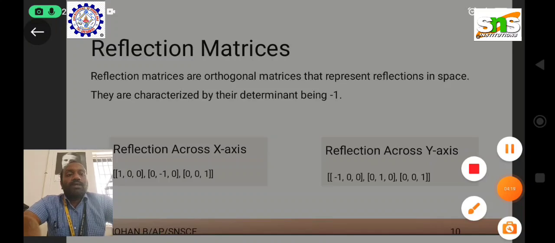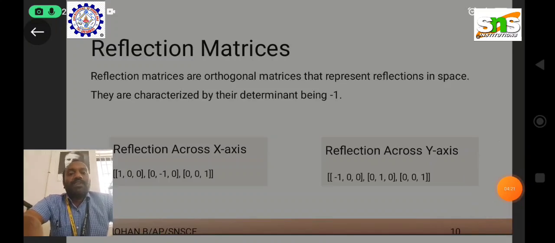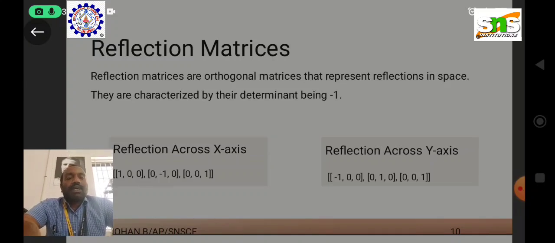So in the reflection across the x-axis and the reflection across the y-axis, the values are the same, but the first point in the reflection is minus 1 comma 0 comma 1. That point will be clearly indicated in these reflection matrices.